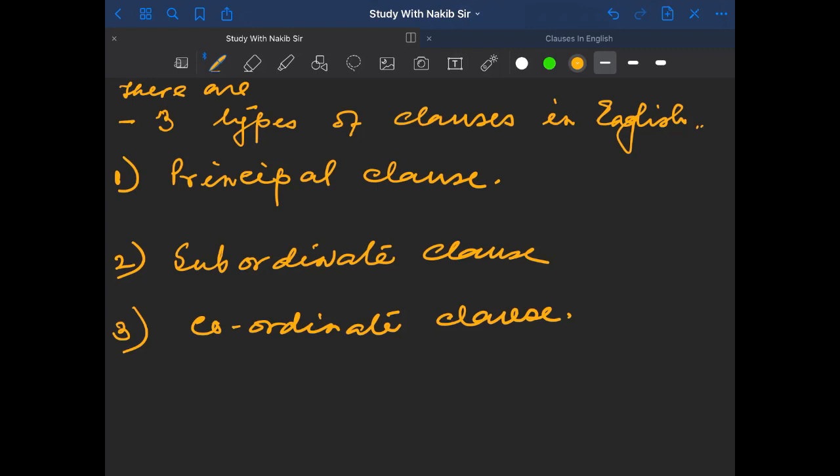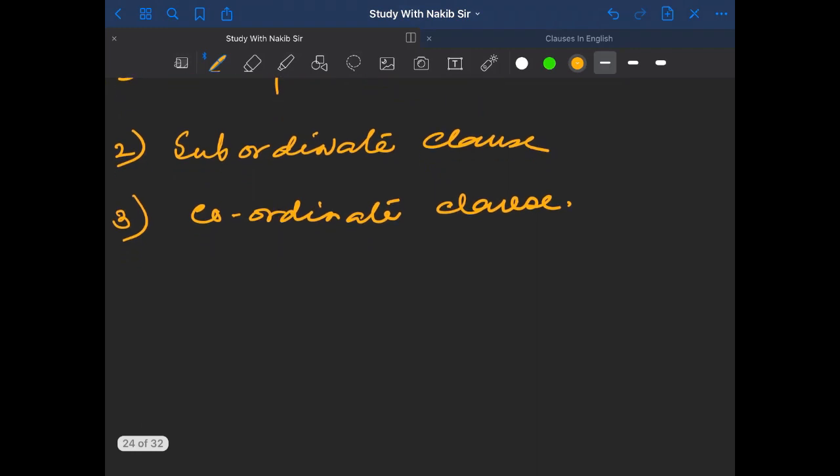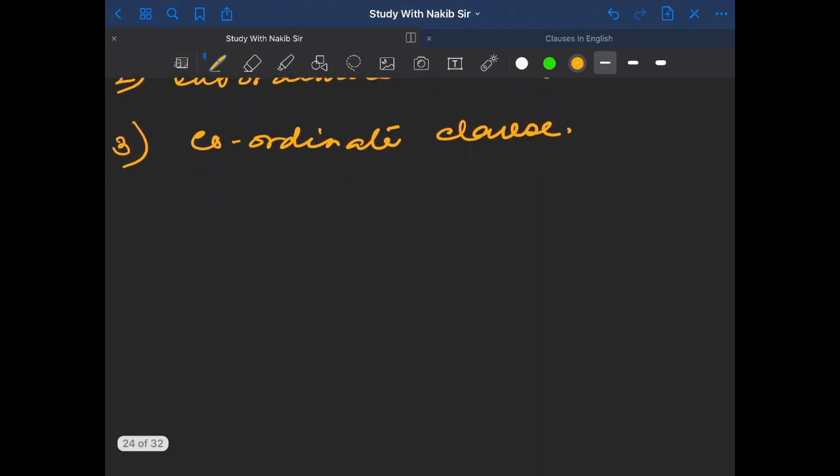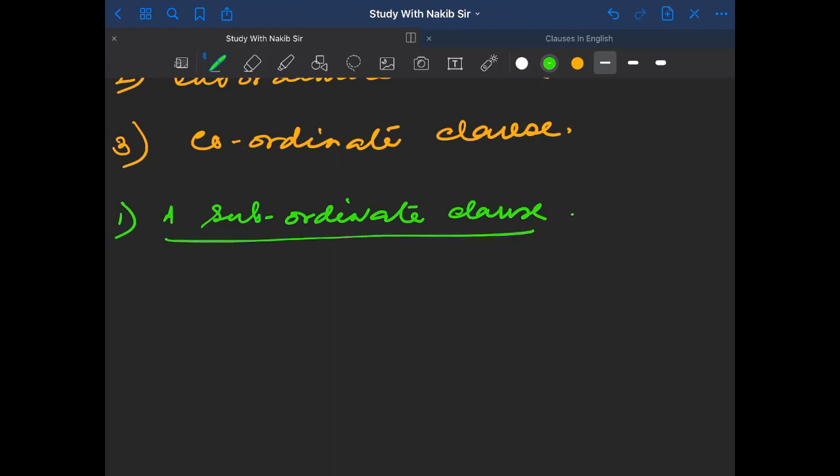For the sake of easy understanding, we will first learn what a subordinate clause is. Number one, a subordinate clause. What is a subordinate clause?